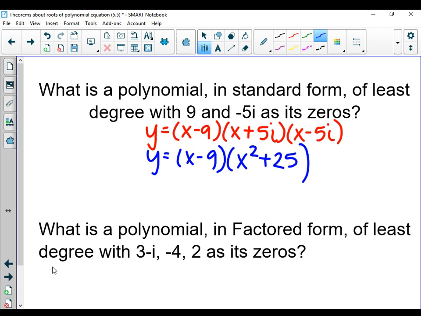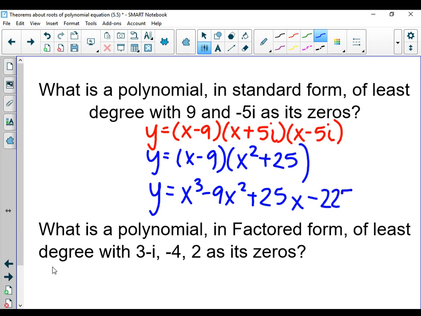And now we multiply those two together. So we end up with x cubed minus 9x squared plus 25x minus, what is 225? Yeah.